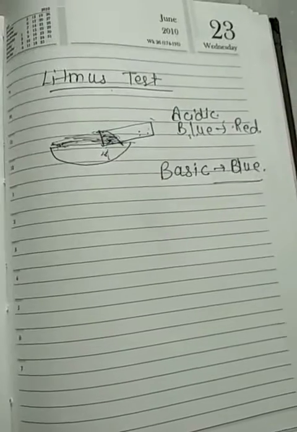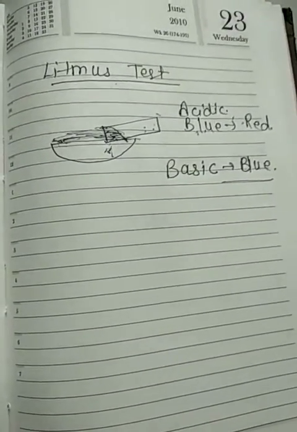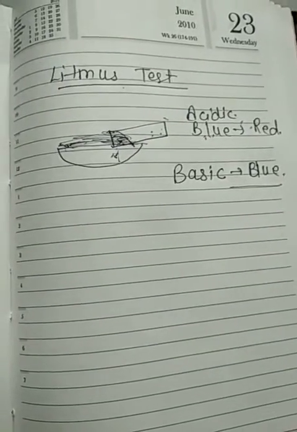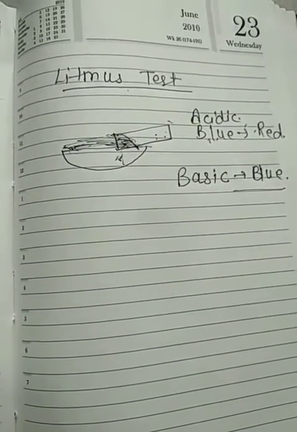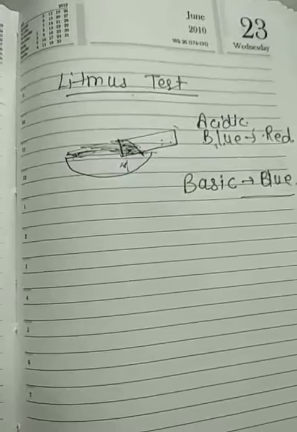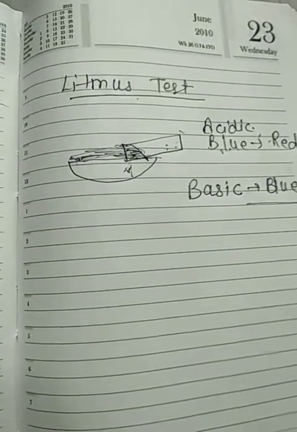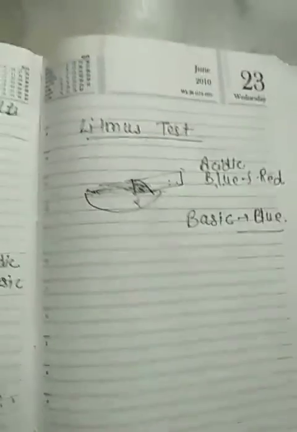For the neutral test, please make sure you check with both blue and red litmus paper. Then you are able to conclude that the substance is neutral. So no change in color of red and blue litmus paper when they are put in a neutral solution. You have to remember this.